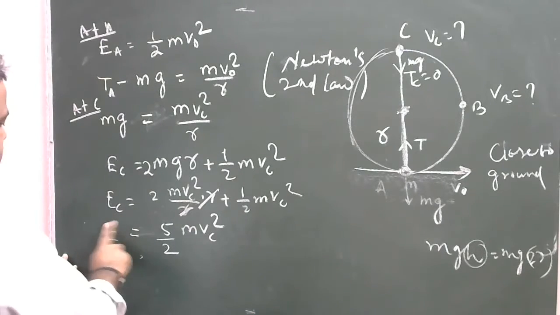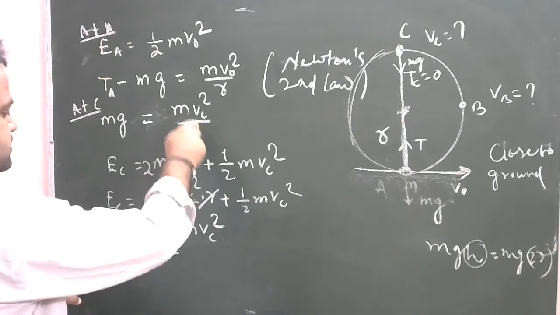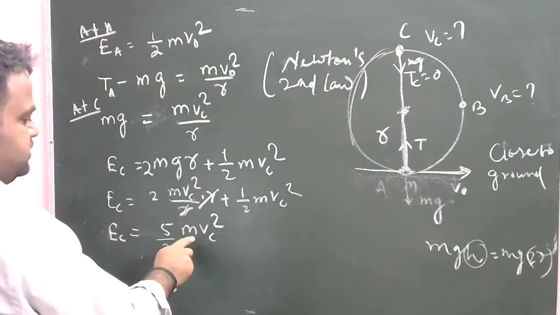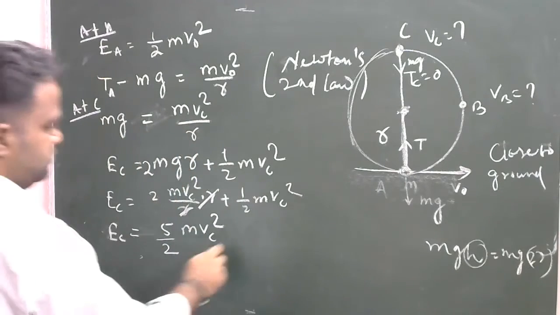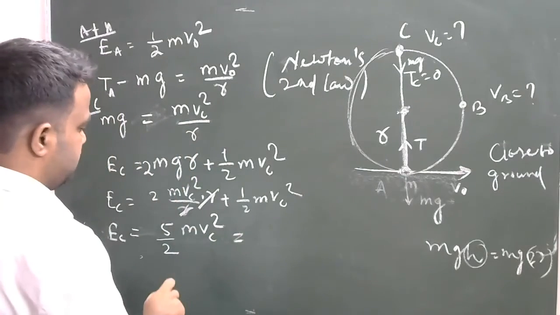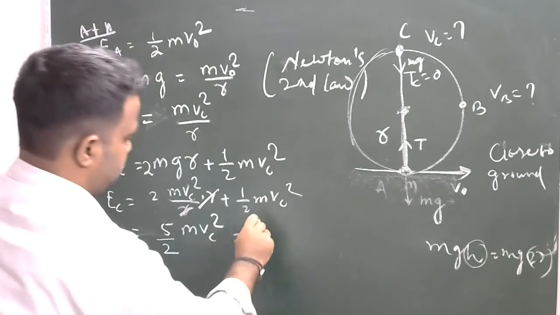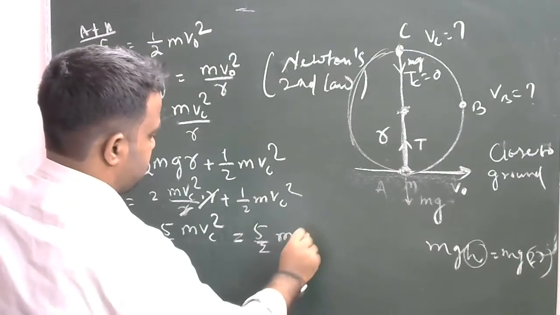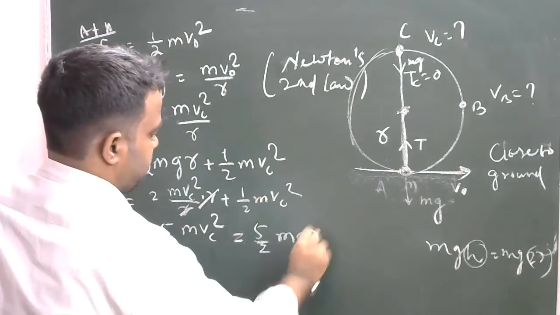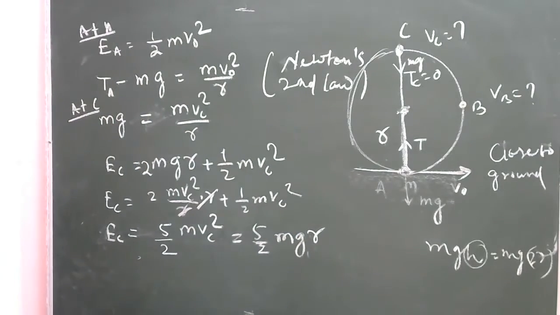This is one way of expressing, or you can write that mvc square upon r is mg, or mvc square is mgr. So in terms of mgr also you can write that 5 by 2 mgr. 5 by 2 mgr also you can write.